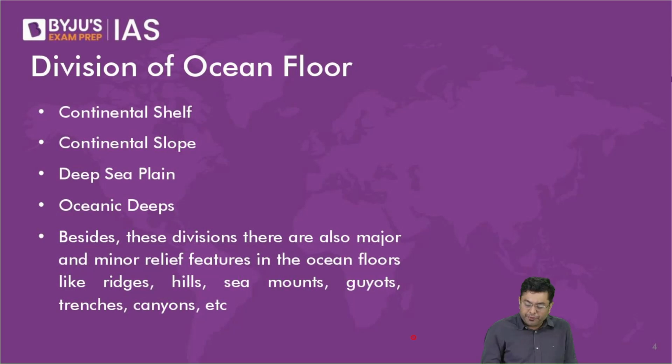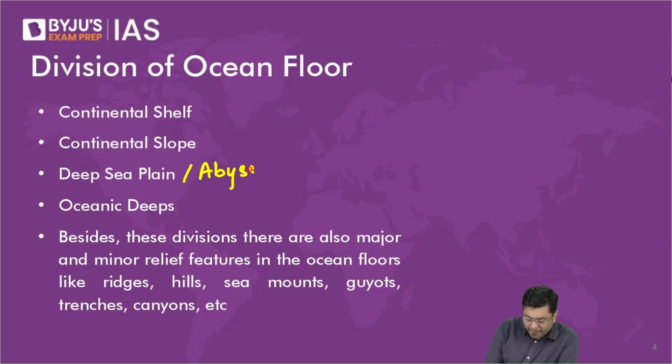Okay. So here, when we talk about it slowly and steadily, let us take a look at each one of them. So here, first of all, when we talk about the division of the ocean floor, the ocean floor is broadly categorized into four major divisions. You have the continental shelf, the continental slope, what is referred to as a deep sea plain or abyssal plain, and also the oceanic deeps or trenches.